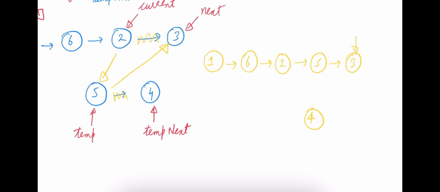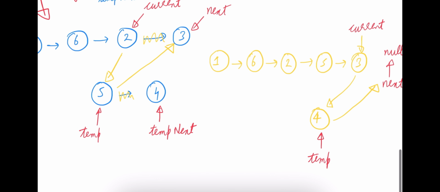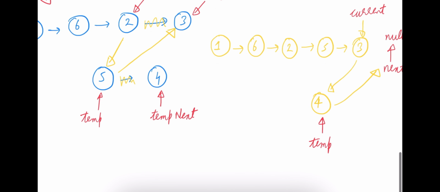My node 3 is going to be current, and the next is going to be null, and this is going to be my temp. I can simply update my node 3 dot next to point to node 4, and temp dot next to point to null, and we will be done. So this is a simple example when the length of the linked list is even.